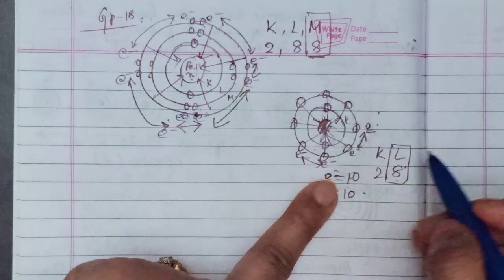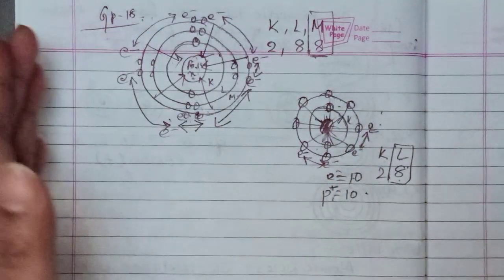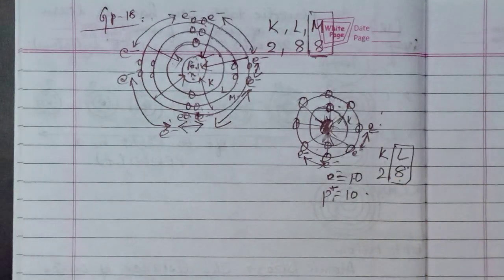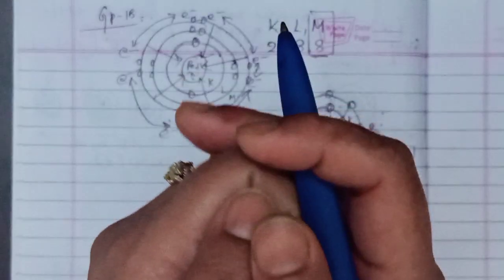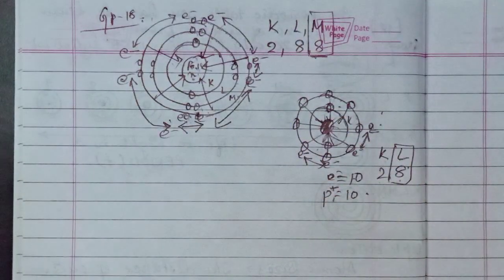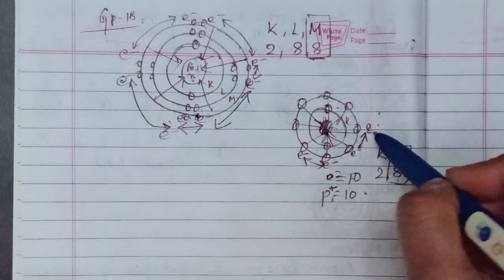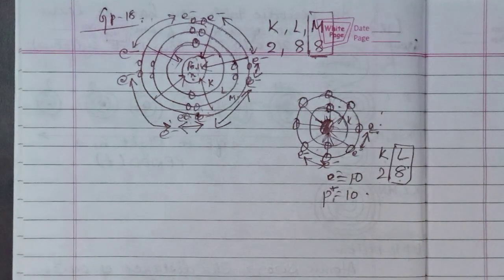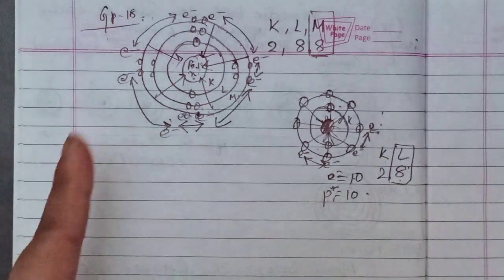They are attracted by the nucleus, and at the same time they are repelling each other. That's why the size of the atom is not only contracting, it is also expanding due to this repulsion between electrons. That's why the size of the atom is suddenly increased in group number 18.